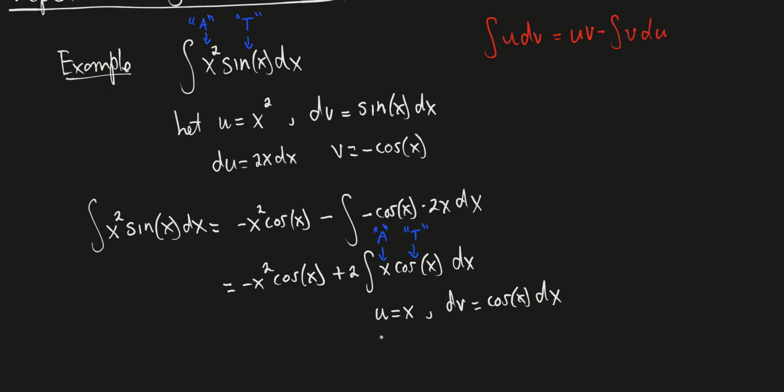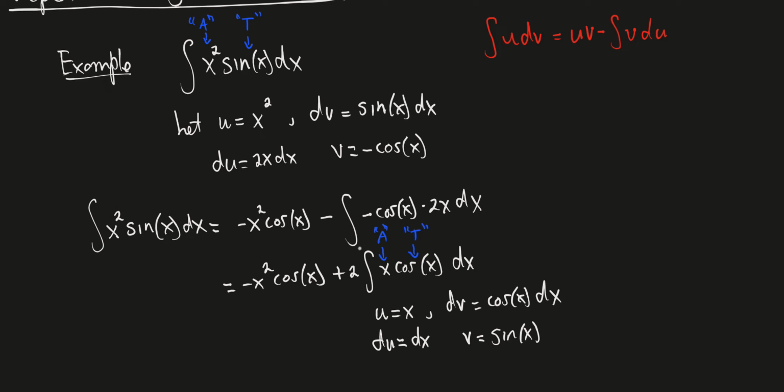Again, let's compute du. Now, the benefit of doing parts again is that when I differentiate x, it just becomes a 1. So du is equal to dx, and then our v, the antiderivative of cosine, is sine, right? What we're doing in this second iteration of the integration by parts process is simplifying this particular integral.